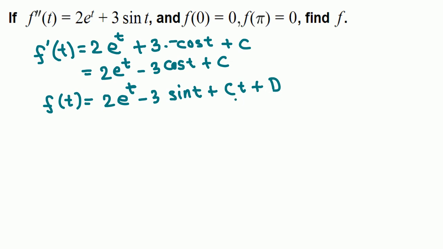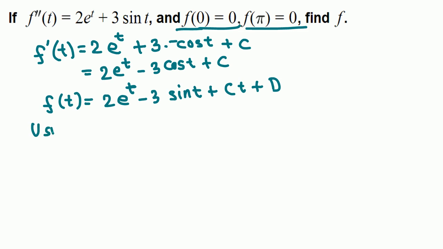Now we need to determine the values of these two constants c and d using the two initial conditions. Let's use f(0) equals 0 first, because that one is easier than pi. It doesn't matter which one you use first though.